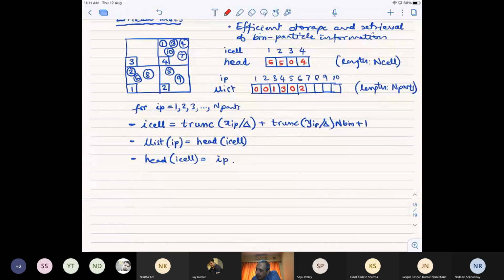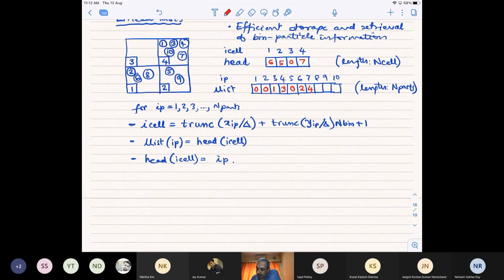Then I'll do one more. 7 is in 4. So again, you go there, whatever is in the head for position 4, I shift to 7, so that becomes 4 here. And in here, instead of 4, I put 7 because that's the particle number.